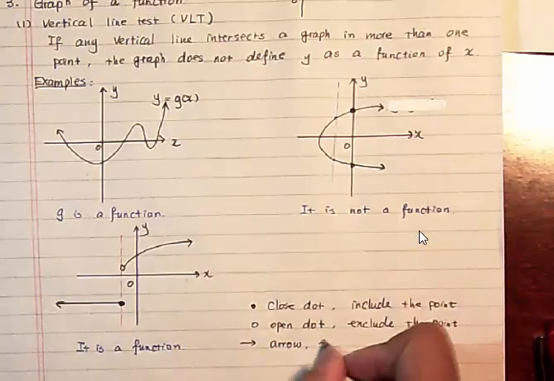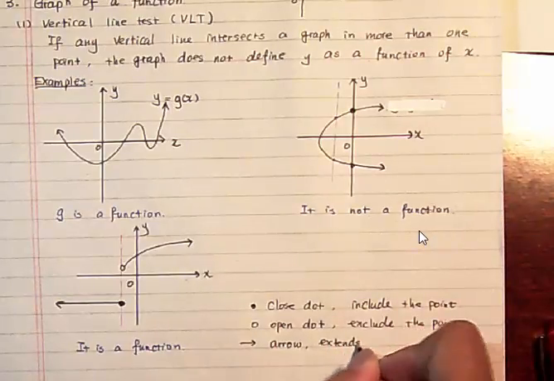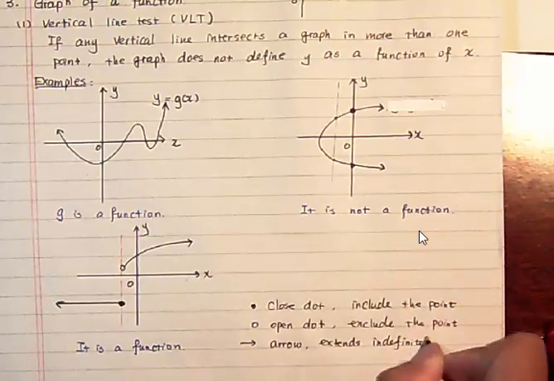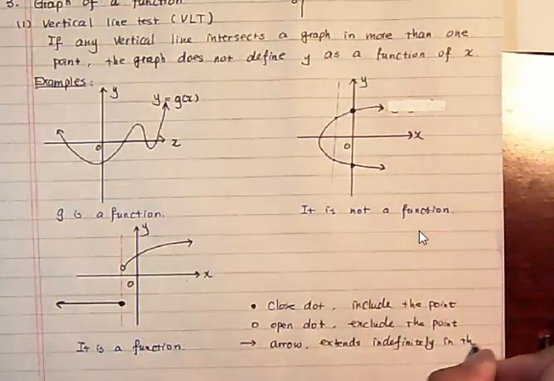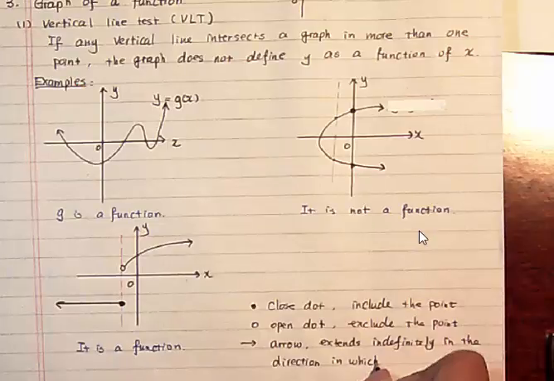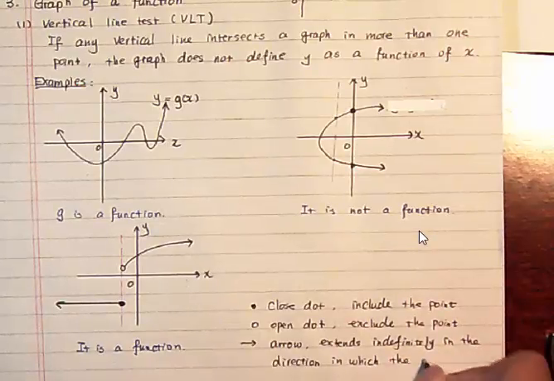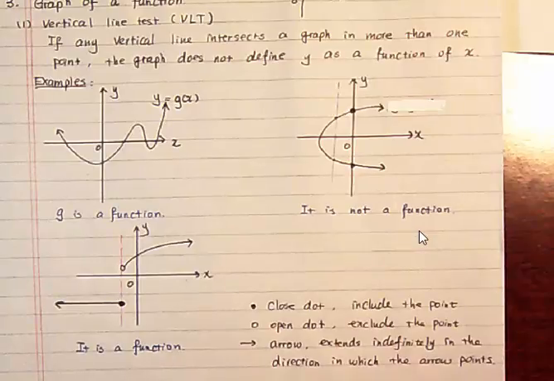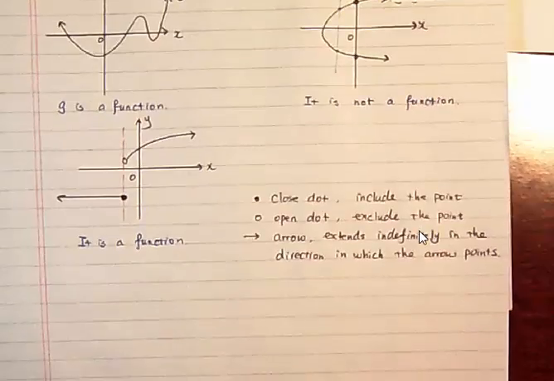Okay, so it extends indefinitely in the direction in which the arrow points. So those are the basic ideas of a graph of functions.